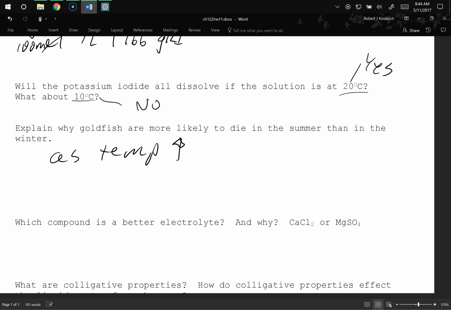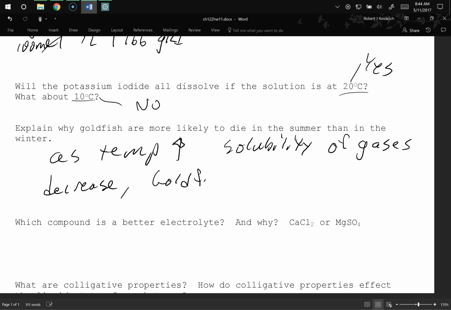As temp increases, actually reminds me, we were watching Finding Nemo, and it was really funny.